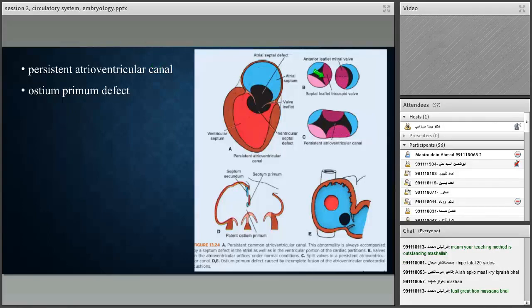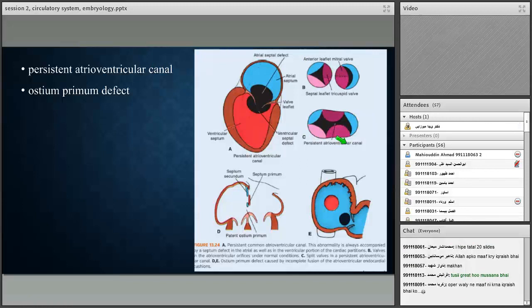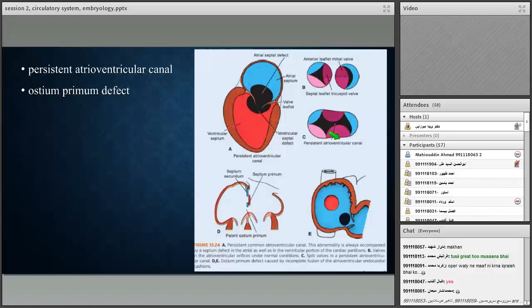Look at here. Here we have the endocardial cushions. In the persistent atrioventricular canal, these cushions have some abnormality and defects, and they are combined with a defect in the cardiac septum.